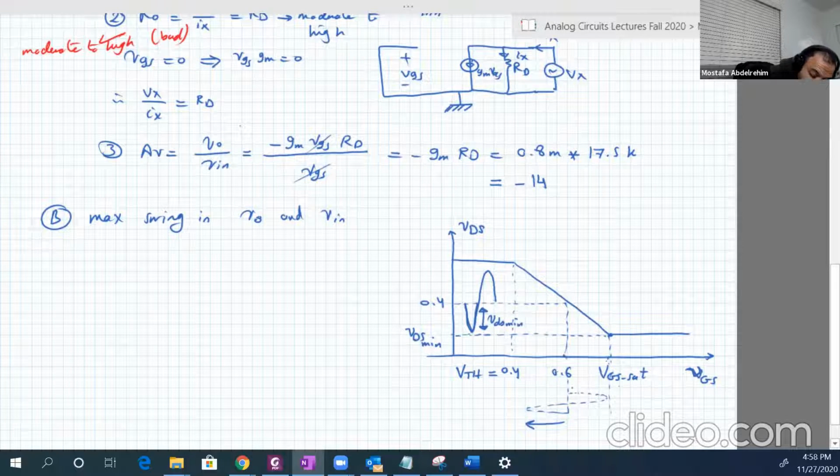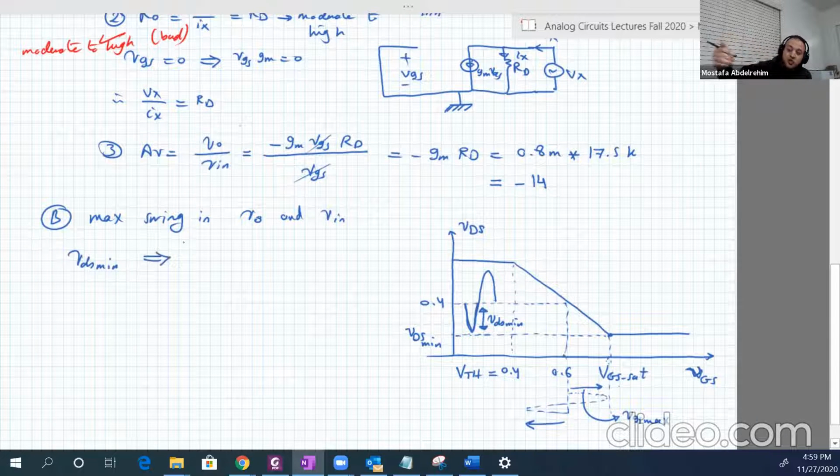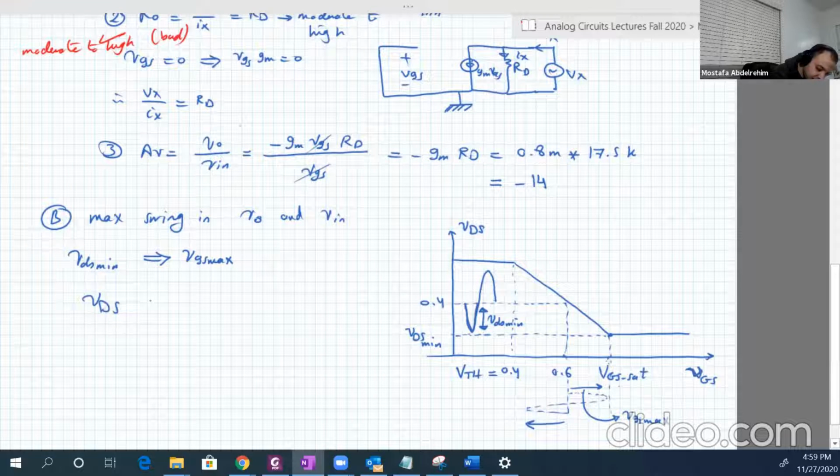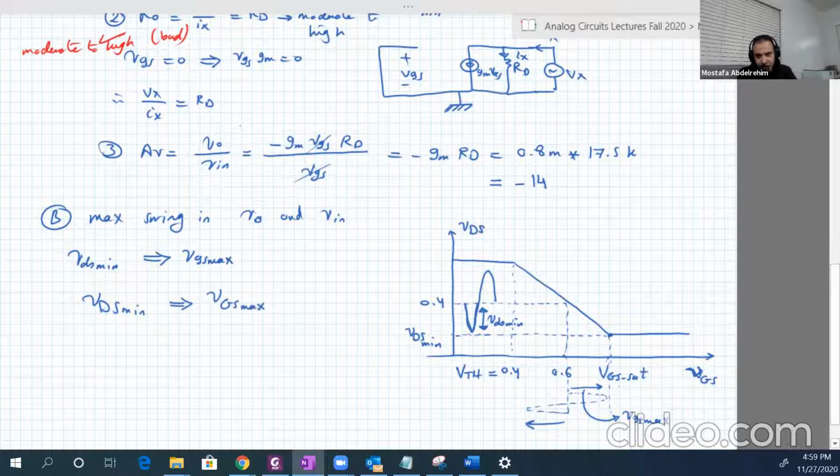It happens when VGS increases from that point to that point. So let's call this VGS maximum. So VDS minimum happens when the input increases to VGS maximum, small vgs maximum. Or we can say capital VDS, the whole signal, AC plus DC, minimum happens at capital VGS maximum, the whole signal, AC plus DC.